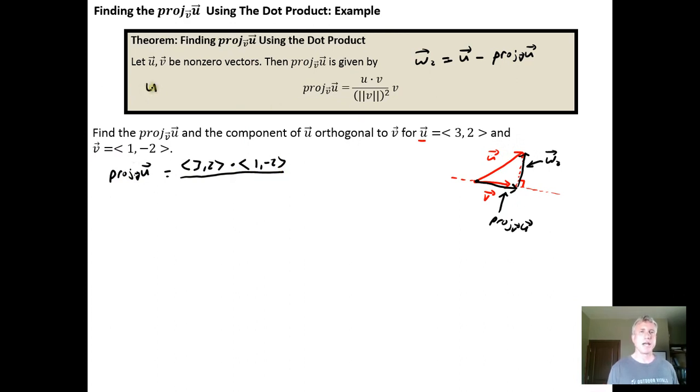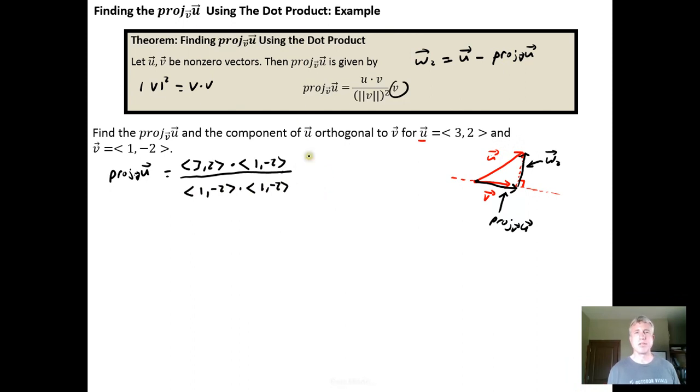But remember that the size of v squared is just v dot v from our dot product properties. So I can actually just take the vector v and dot it with itself to get the size of v squared. It's one way to do it. It's not the only way to do it. And then we multiply by the vector v.